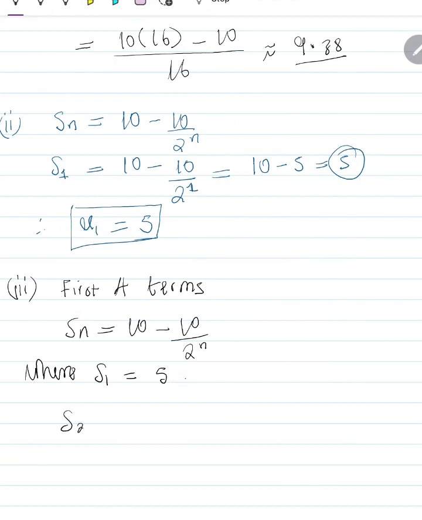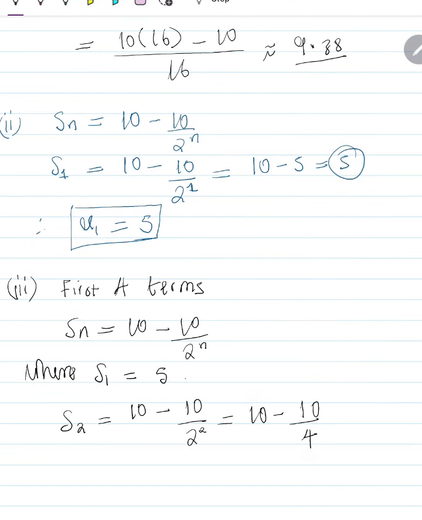Then S2. S2 will be equal to what? When I say S2, I mean the sum of the first 2 terms, which will be 10 minus 10 divided by 2 to the power n, where n is 2. So this is 10 minus 10 divided by 4, where 4 is 2 squared.